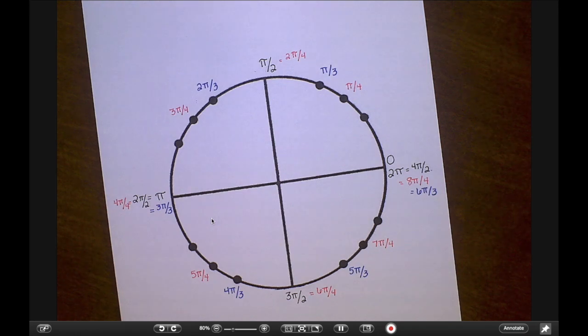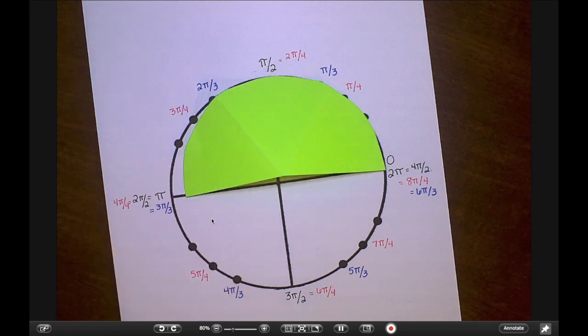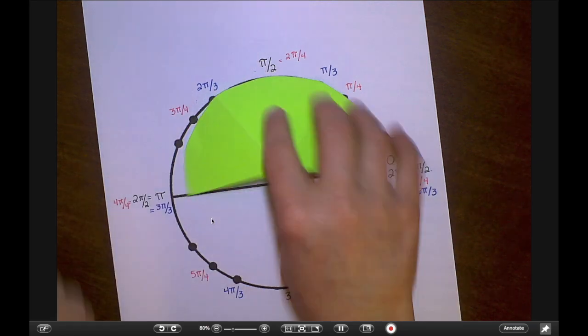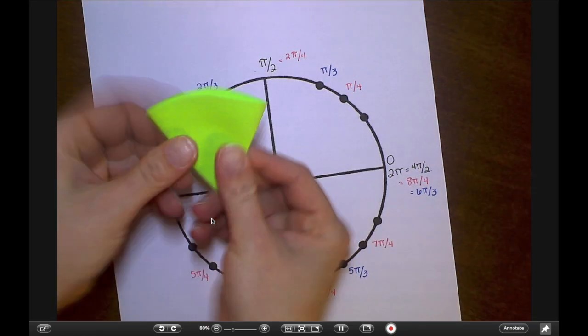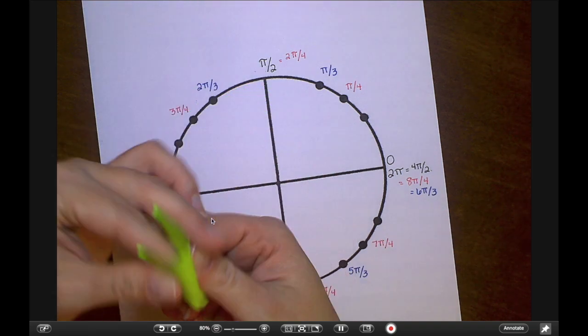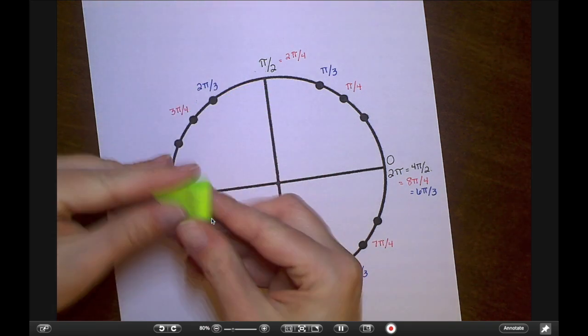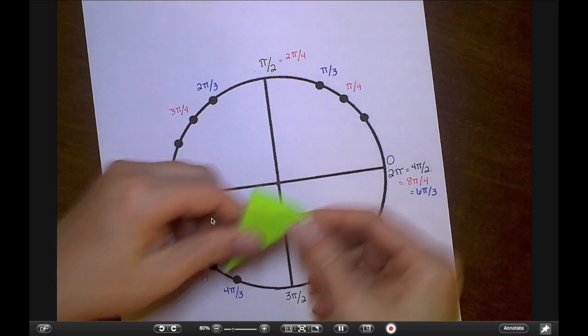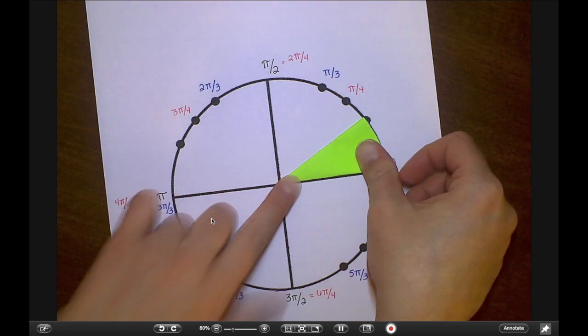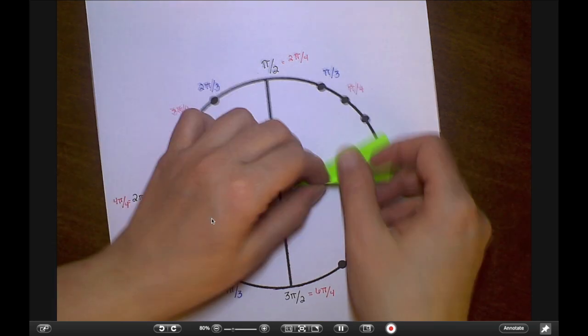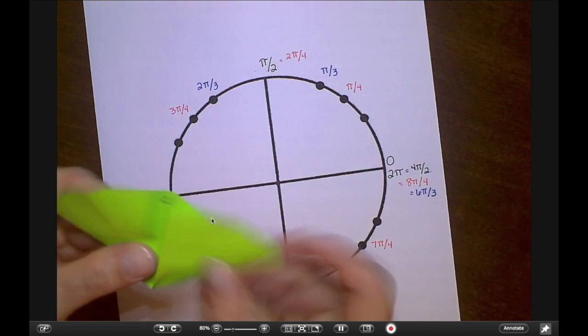Okay, so what happens when I take thirds and cut them in half? So here I am folded into thirds, right? Now I'm going to take that thing and cut it in half. That's going to give me a 1/6 of pi. That's pi over 6. So let me unfold this guy.